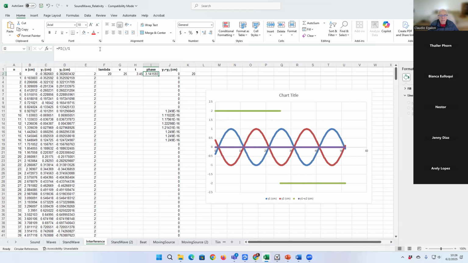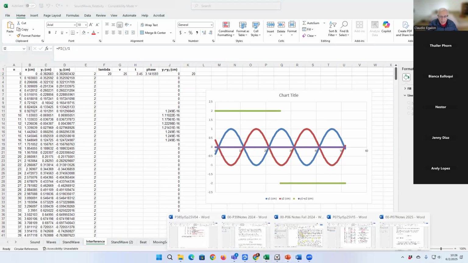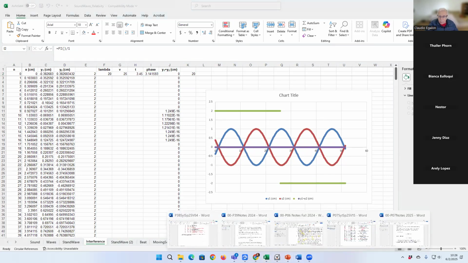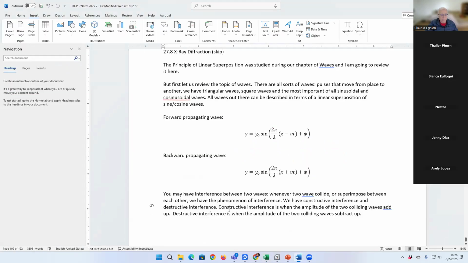Okay? So that's what you have to understand. And we need this type of information to understand what's going to come next. Okay? So let's write that down here in my notes. We may have interference between two waves.